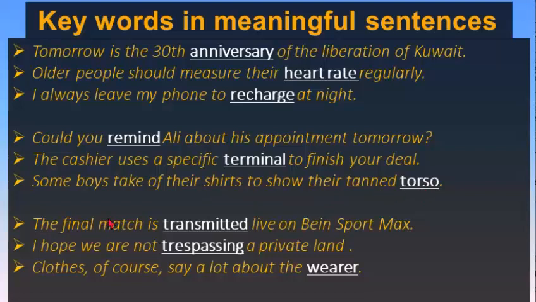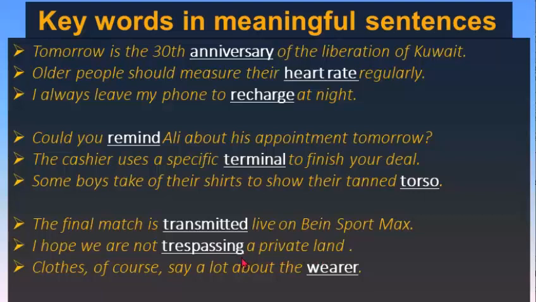The final match is transmitted live on beIN Sport Max. So this match is live, or transmitted live, on beIN Sport Max, for example. I hope we are not trespassing a private land.